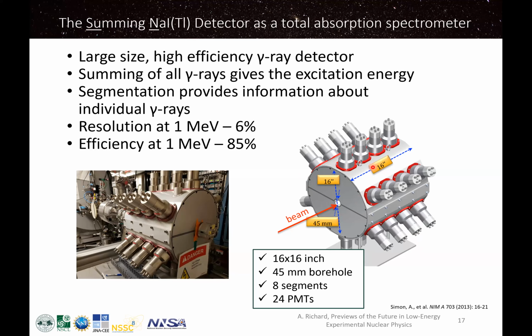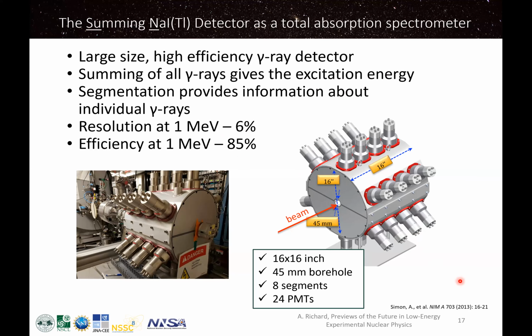Summing across this detector gives us information about the total absorption or the sum spectrum, which gives us this total excitation energy. And then the individual segments, you can think of as individual detectors, that give us information about individual gamma rays. The resolution at 1 MeV is about 6%, and the efficiency is about 85%.